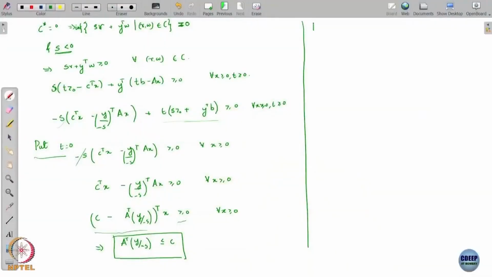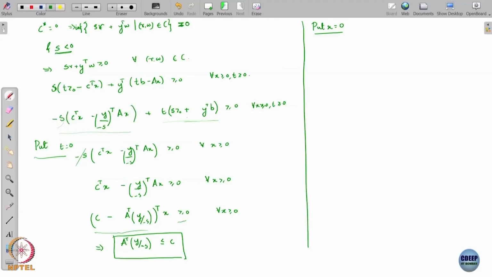All right. Look, we got to this by putting t equal to 0. Let's now put x equal to 0. Suppose I put x equal to 0, what do I get? Now the first term here is going to disappear. If I put x equal to 0, all these terms are going to be 0.